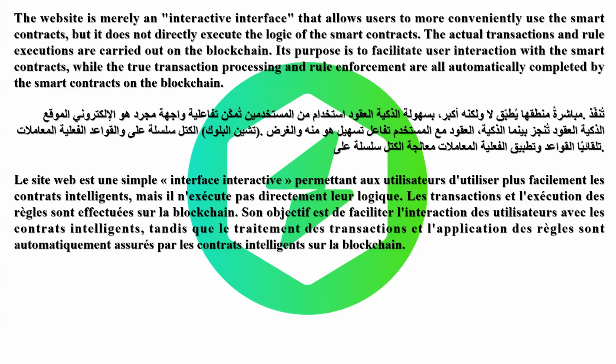The purpose is to facilitate user interactions with the smart contract, while the true transaction processing and rule enforcement are all automatically completed by the smart contract on the blockchain. So even if the website gets hacked, the hacker cannot touch the money. The hacker cannot get the money.